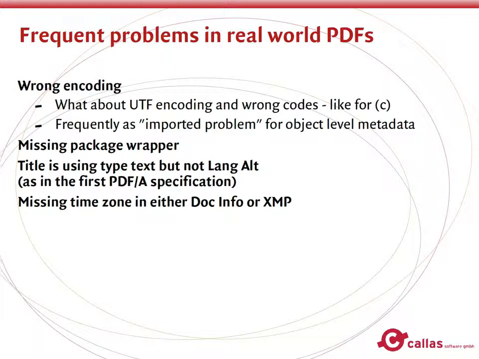So frequently you have in document information a creation date entry that does not have a time zone, but you have that in XMP, and that of course is not the same value.